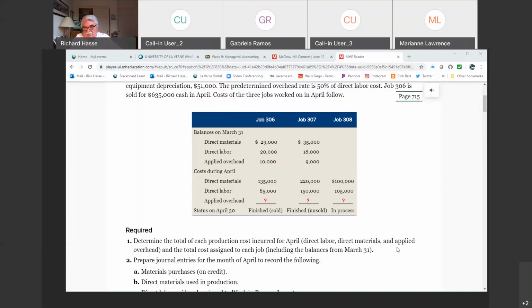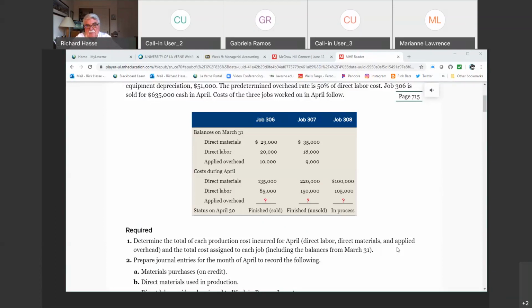And those products can be designated by a job number, or more in the real world, and we talked about this last week, given ID numbers. Something like barcodes. Those are ID numbers, and companies can isolate costs by those ID numbers or barcodes and determine what it costs them to produce the product.